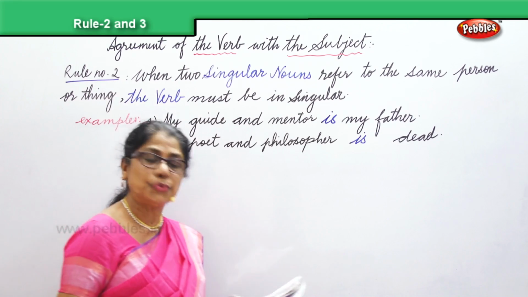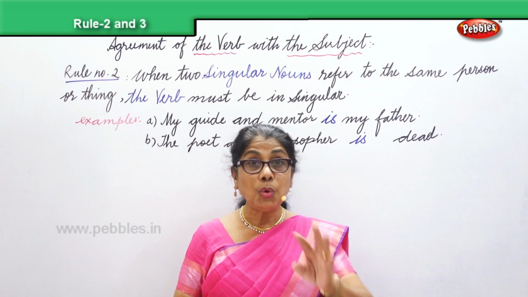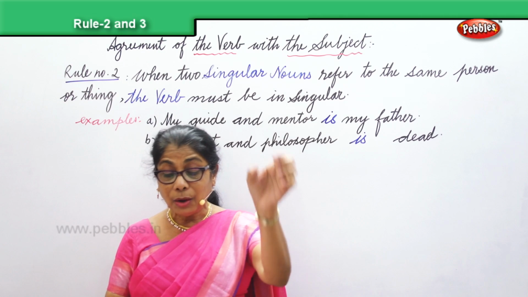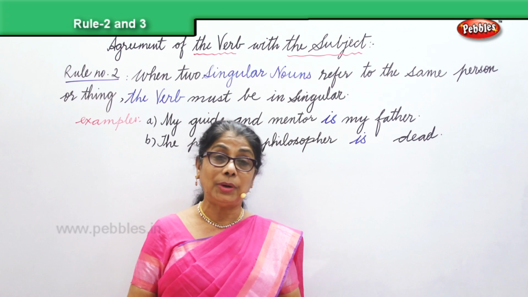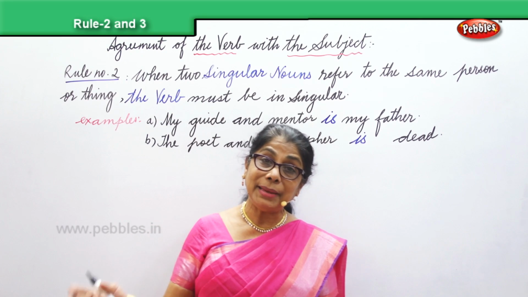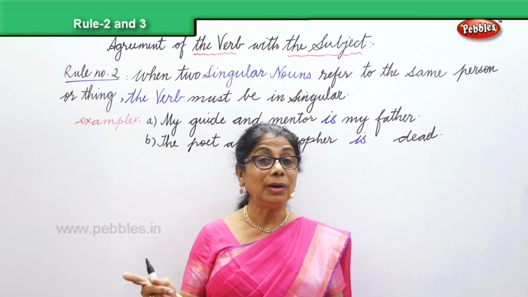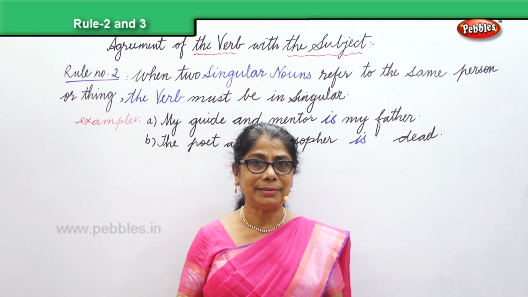What was the first rule? The first rule said, when two or more singular subjects are joined by and, the verb will be plural. Tina and Meena are friends. John and Peter are players.